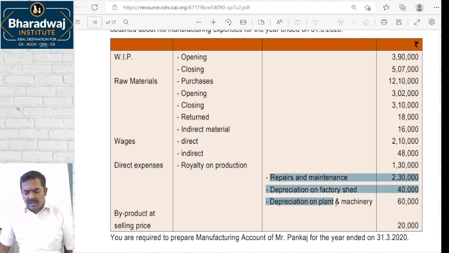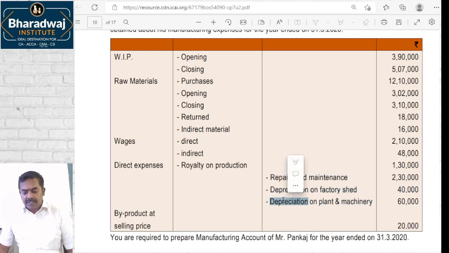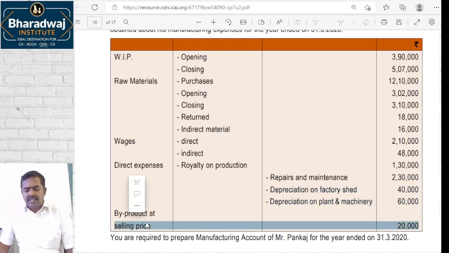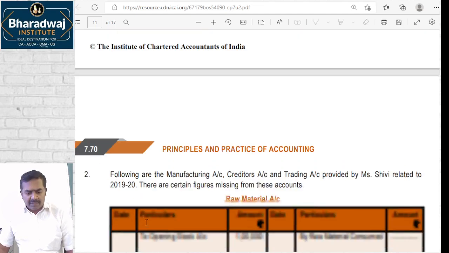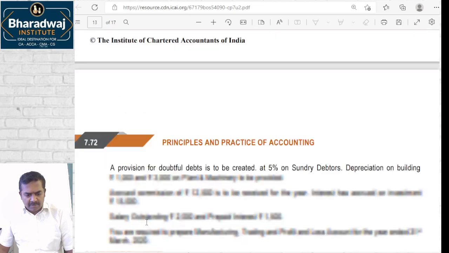All expenses will come in which account? Manufacturing account. Depreciation on factory shed, depreciation on plant and machinery, production expenses, manufacturing related expenses, that will come in manufacturing account. Buy product at selling price, it will come in which account? Manufacturing account. We'll just see the solution, not solve the problem.